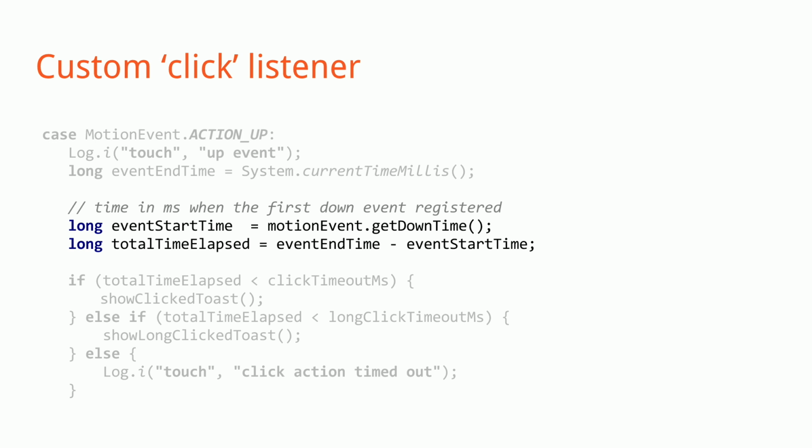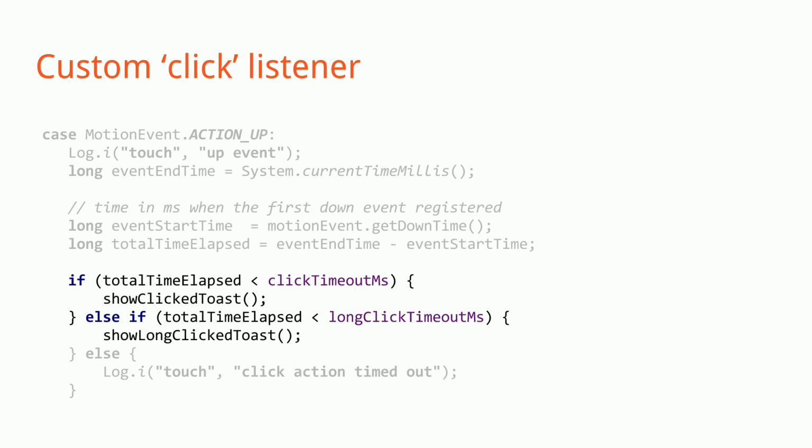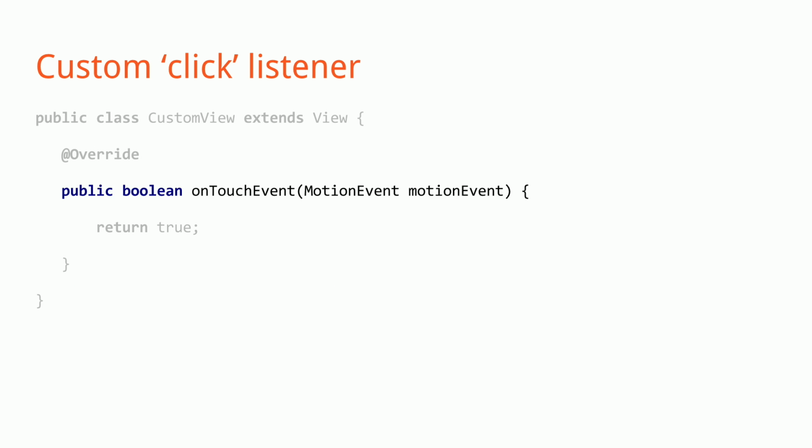Once we realize that the user has lifted their finger, we can calculate the time from the first down event till when we lifted up our finger. Using that, we can determine how we want to handle it, whether it's a click or a long click, or if we just don't want to handle it at all. Android actually does a ton of handling under the hood, but if you wanted a very simple example of how clicks and long clicks are handled, this is probably it.